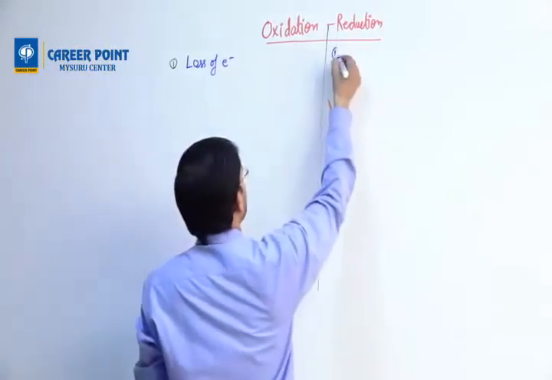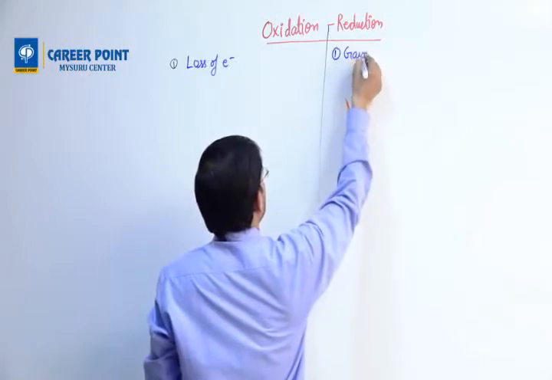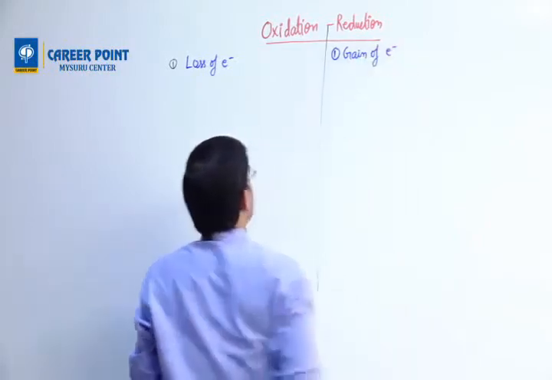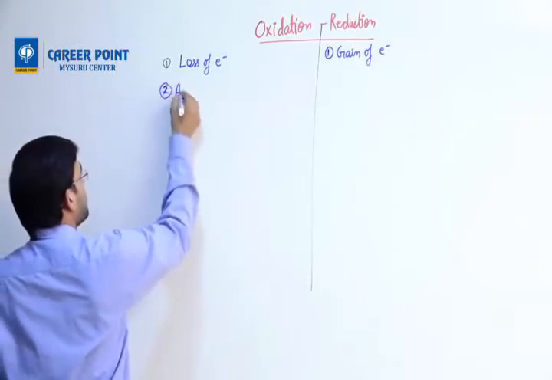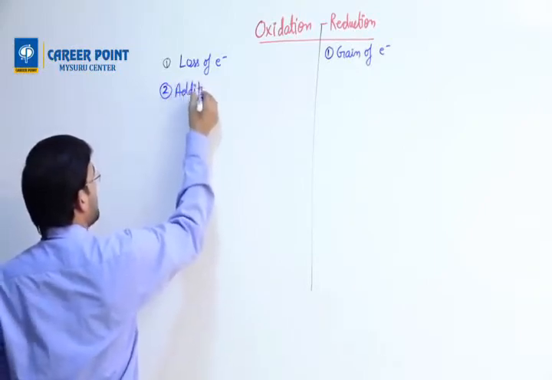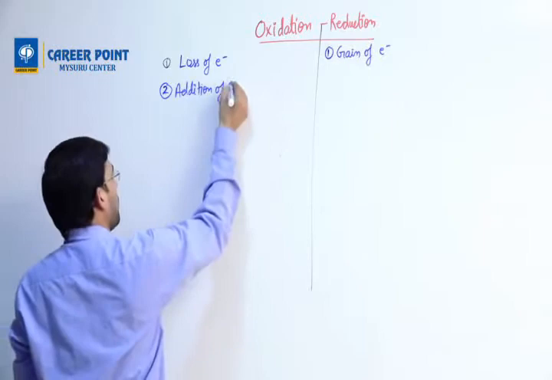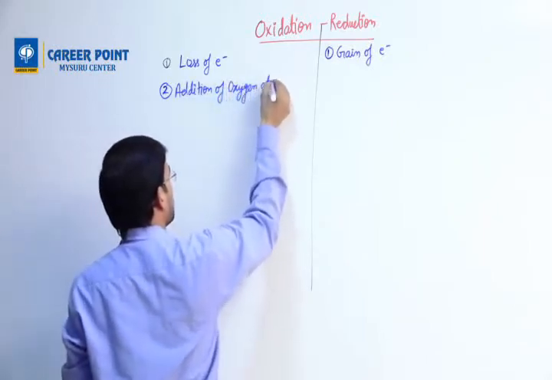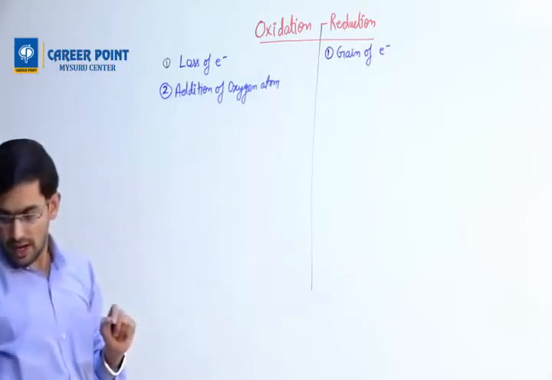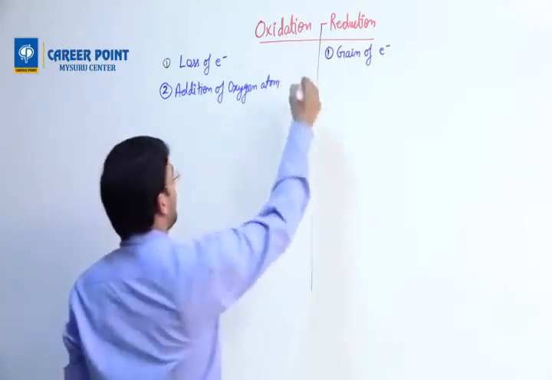Then reduction is known as gain of electron. Another definition: oxidation is addition of oxygen atom.